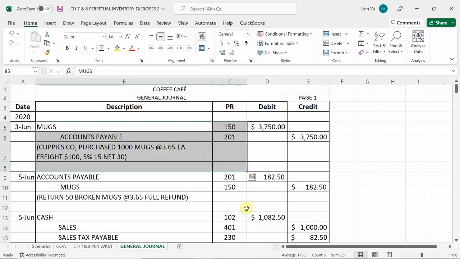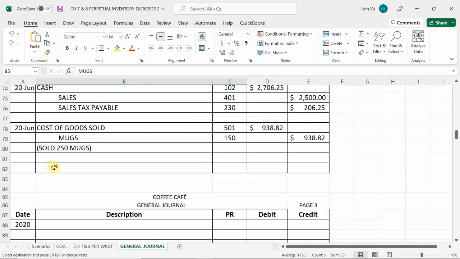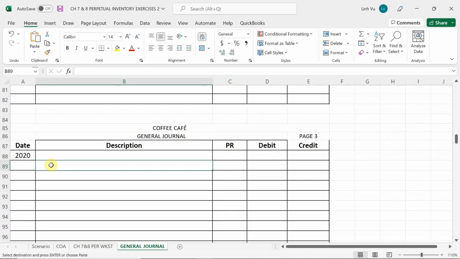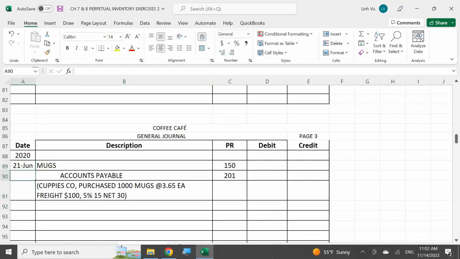So once again, we have made purchases before, so what we have to do here is copy this journal entry and paste it into my third journal page. Today is the 21st.